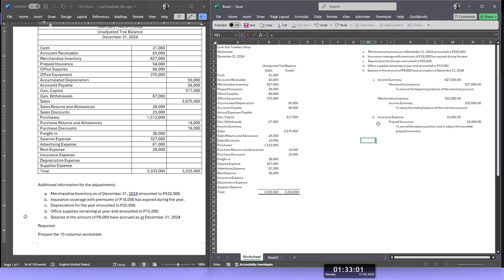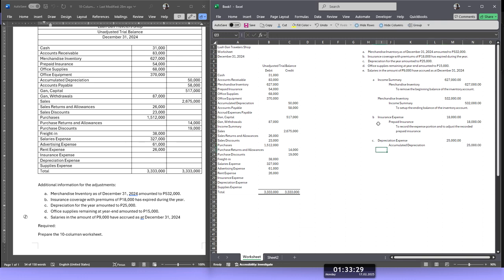Debit depreciation expense 25,000, and then credit accumulated depreciation 25,000.